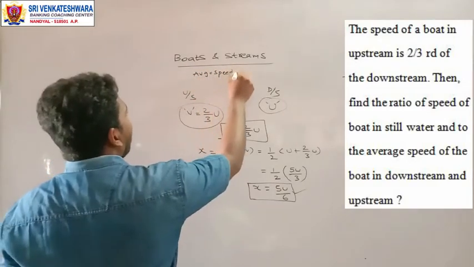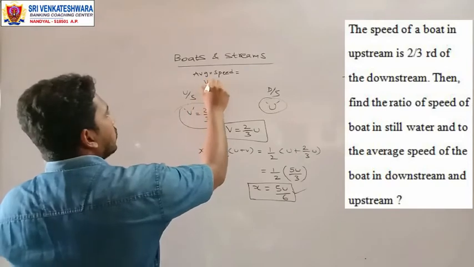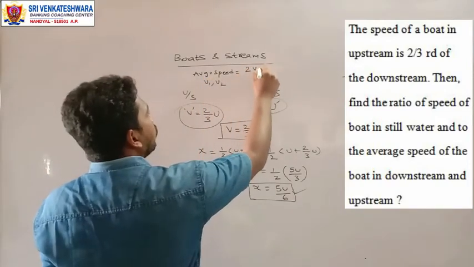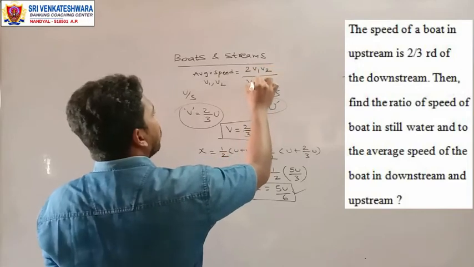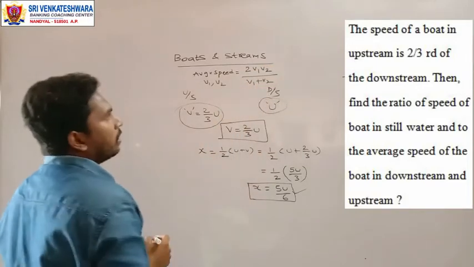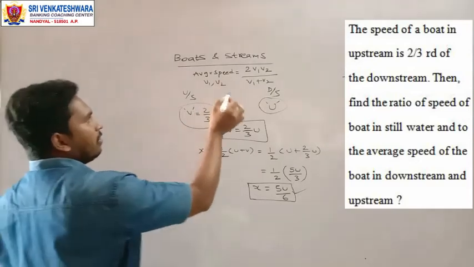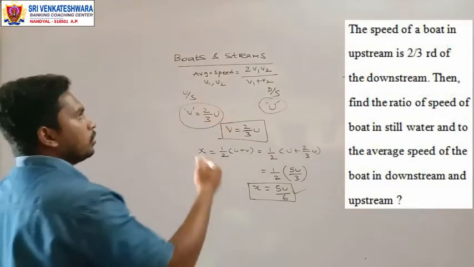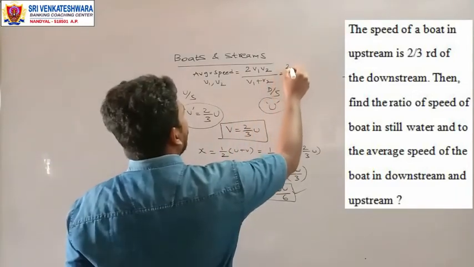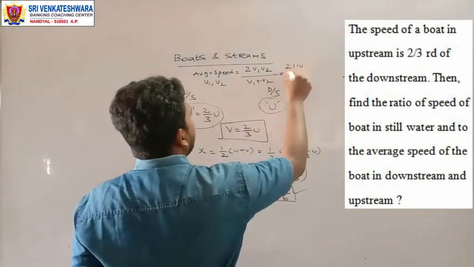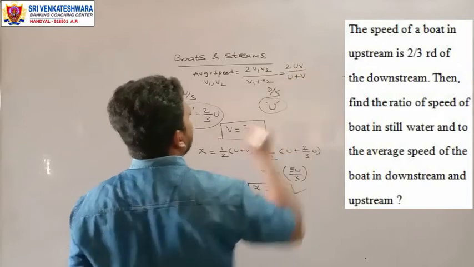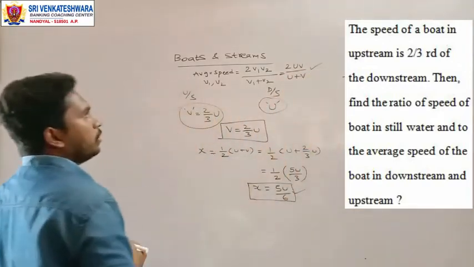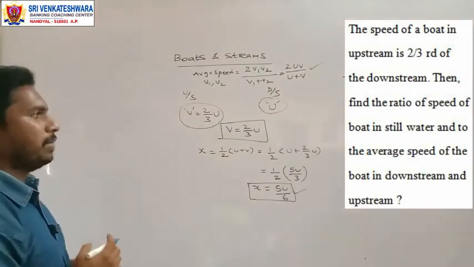If there are two velocities v1, v2, the average speed is given as 2v1v2 by v1 plus v2. Here v1, v2 are nothing but U and V, so the average speed is 2UV by U plus V.